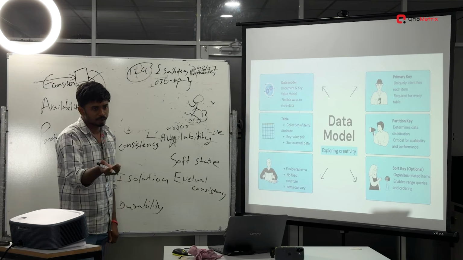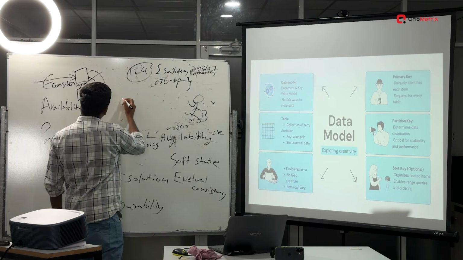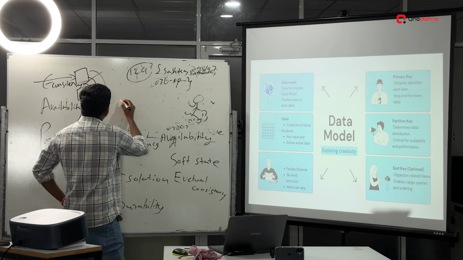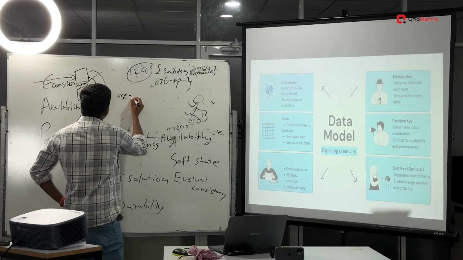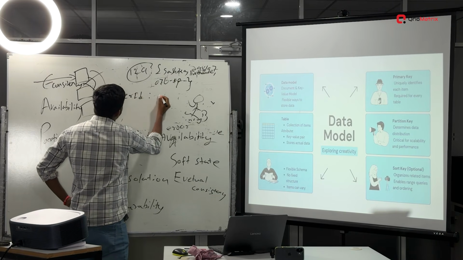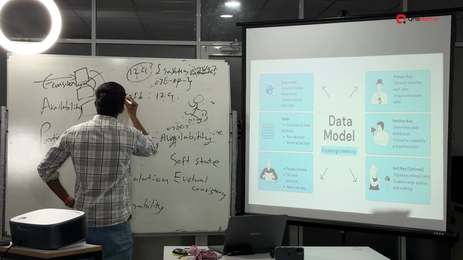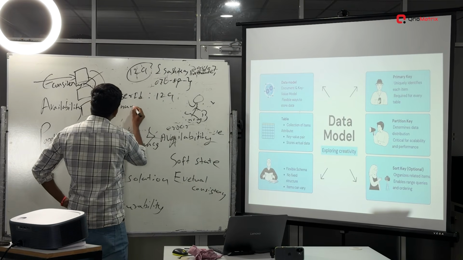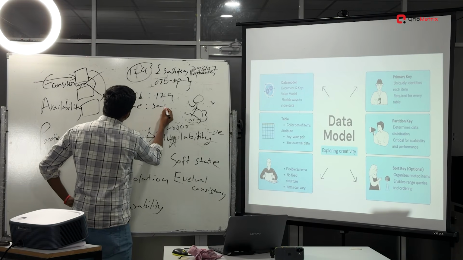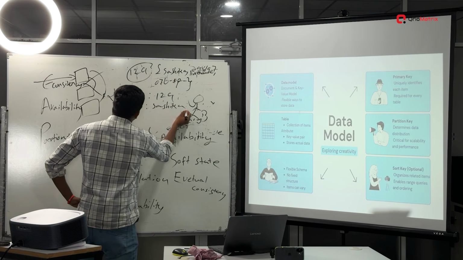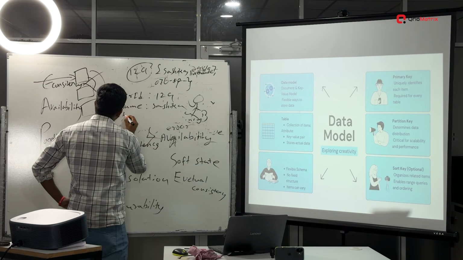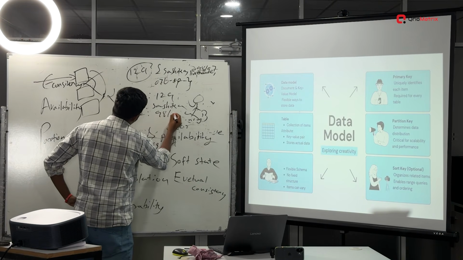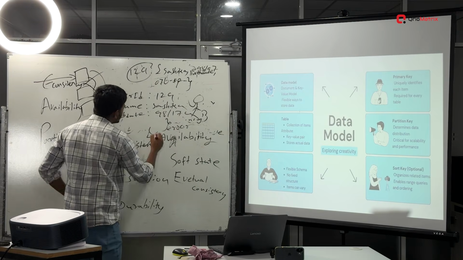But in the document model, it has multiple key value pairs, like it will have the user ID 129 and your name Shashika, date, birth date, kind of this.